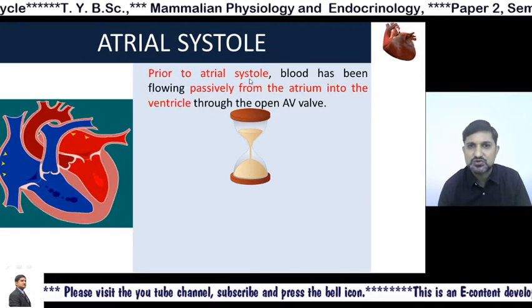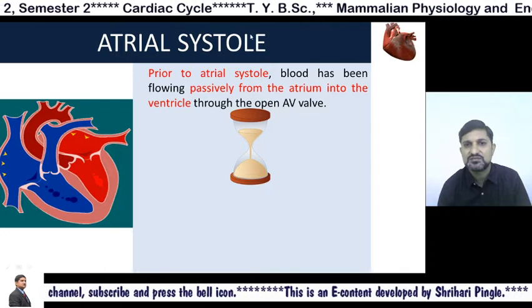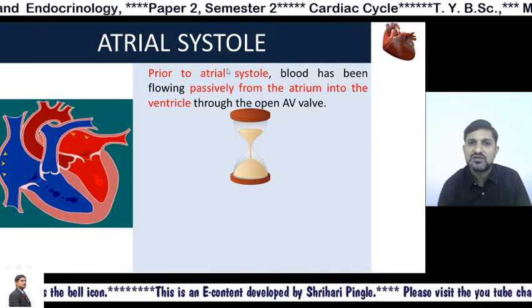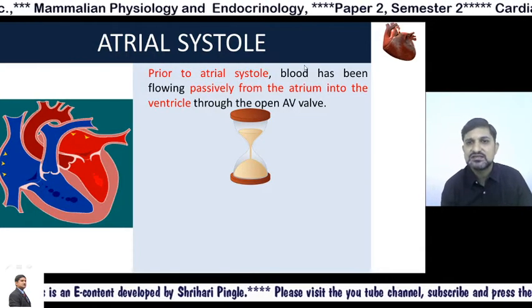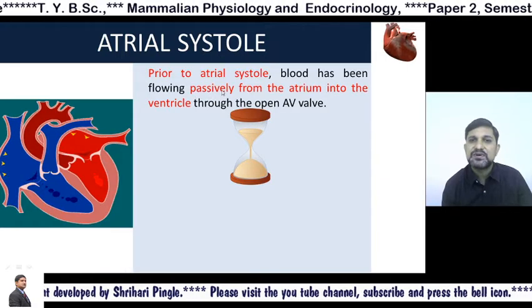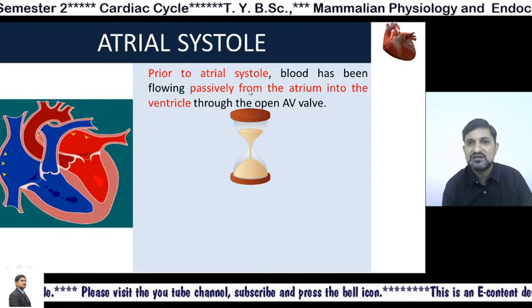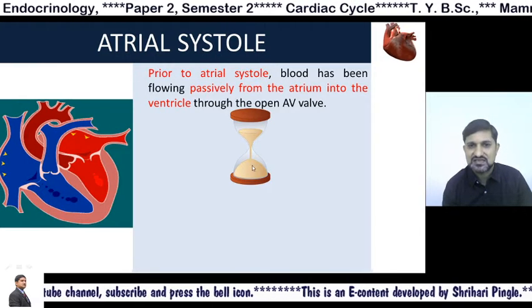So prior to systole, remember, systole is contraction of the heart chambers. So when I say atrial systole, I mean contraction of the auricle. So before the actual contraction begins, the blood flows passively, that means without any pressure being applied, from the atrium into the ventricle, just like this.